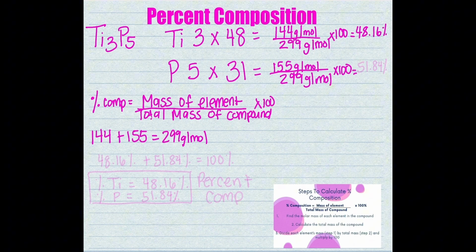And I'm going to do 2 places after the decimal, okay? So I'm going to write my answer 2 places after the decimal. Then I'm going to go down to P, which is 155 divided by 299 times 100, which gives me 51.83. I'm going to go ahead and round that 83 up to 84%.